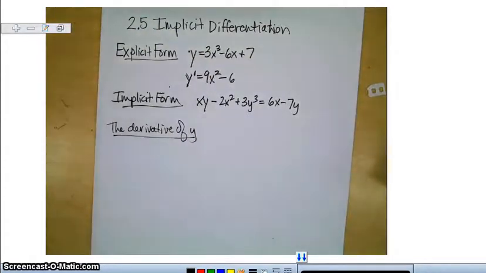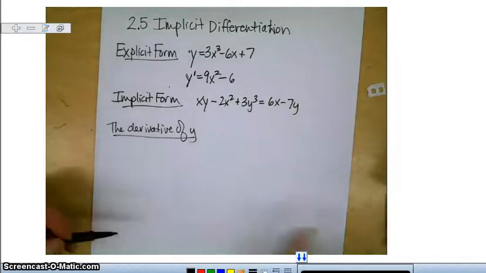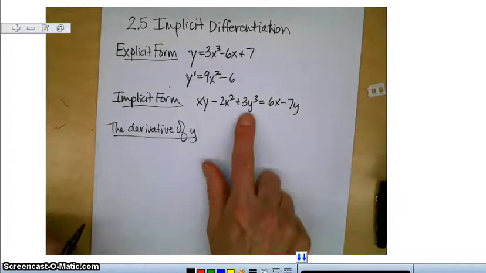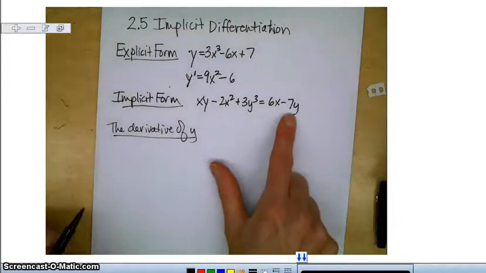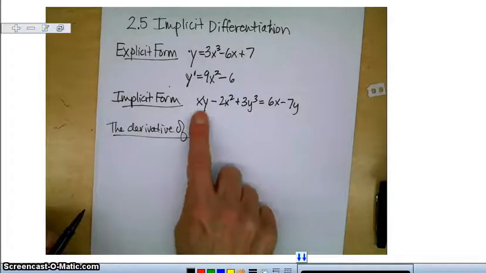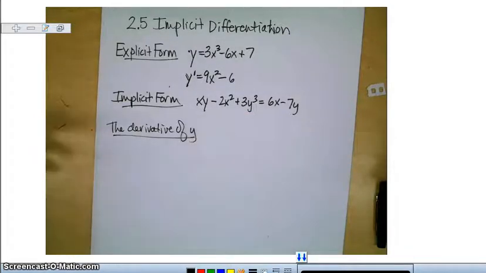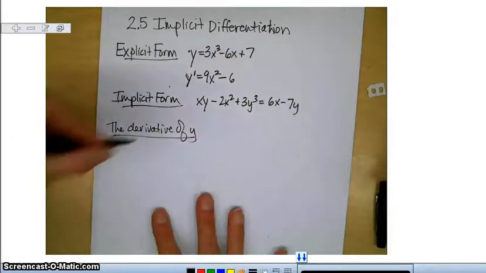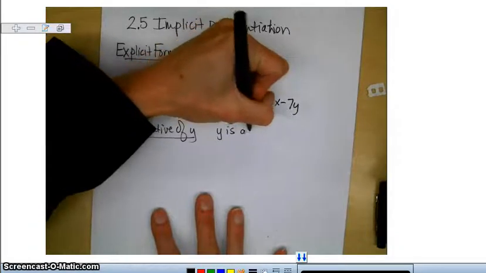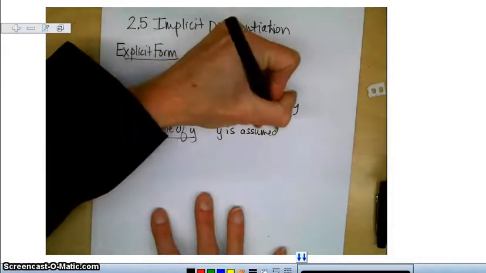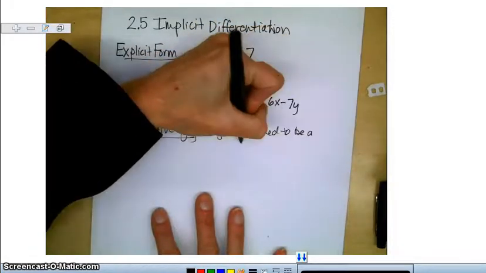How do I find the derivative of y? And not just y, but anything with y. So how would I take the derivative of 3y cubed? Or negative 7y? Or how about xy? Anything that involves y is different, because y is typically assumed to be a function of x.